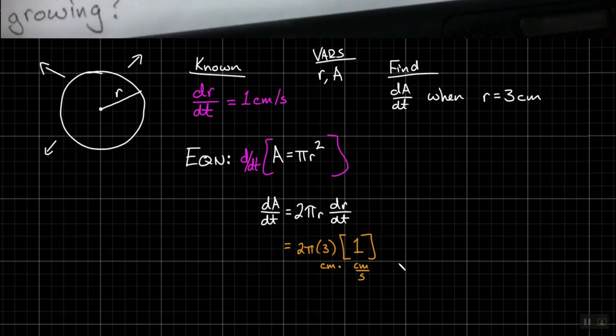What is my unit going to be in the end? Centimeters squared per second. Does that sound like an area over time? For sure. And I think we can even get the answer here. dA dt, based on what we have written on the board, is how many centimeters squared per second? 6 pi of them. Are we done?